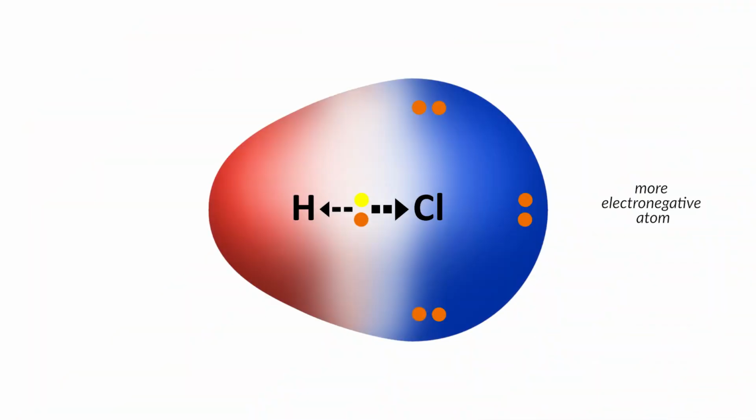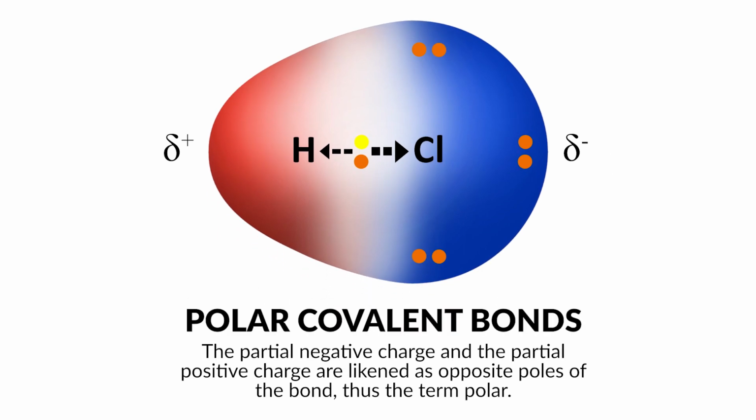The more electronegative atom will carry a partial negative charge, and this leaves the less electronegative atom with a partial positive charge. Now, we have a covalent bond with opposite partial charges. Any guess what we call this kind of bond? Here's a clue. Think of poles. Covalent bonds exhibiting opposite partial charges are called polar covalent bonds, or simply polar bonds.